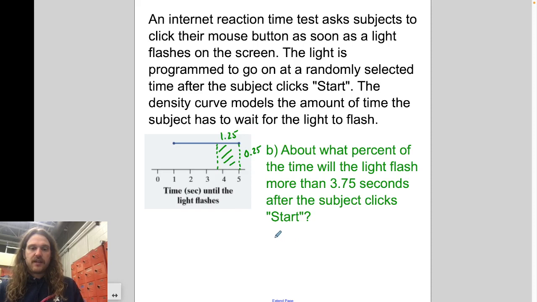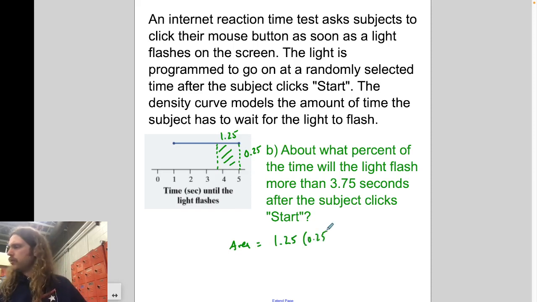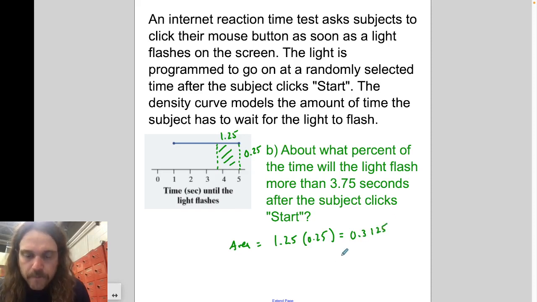All we have to do is say, well, that's going to be the area, which equals 1.25 times 0.25, which will give us 0.3125, which is 31.25%.